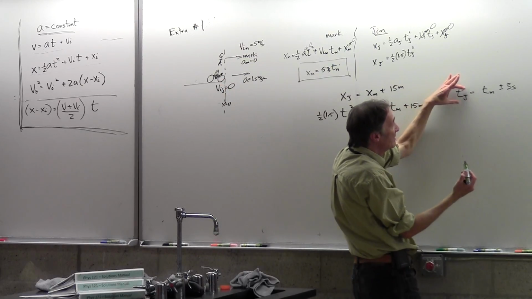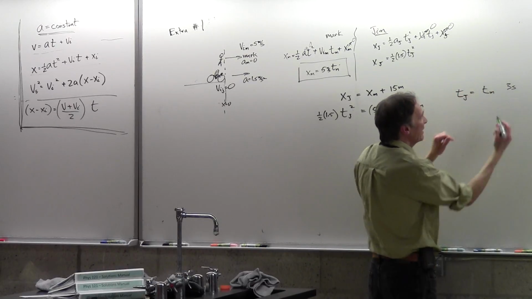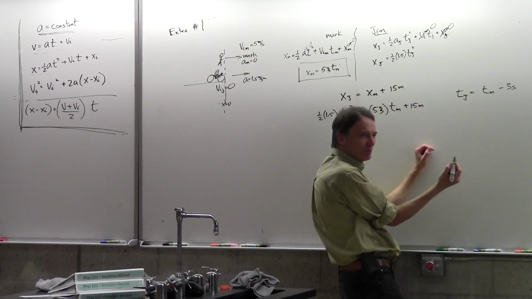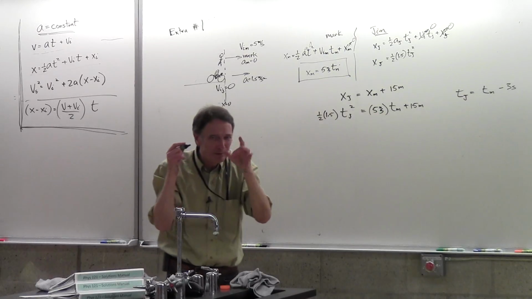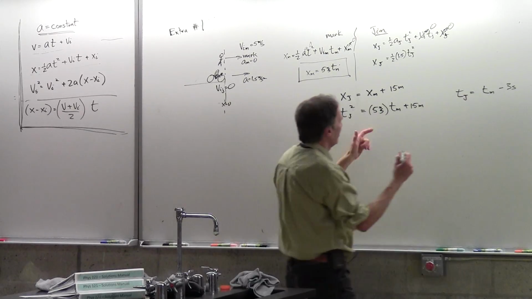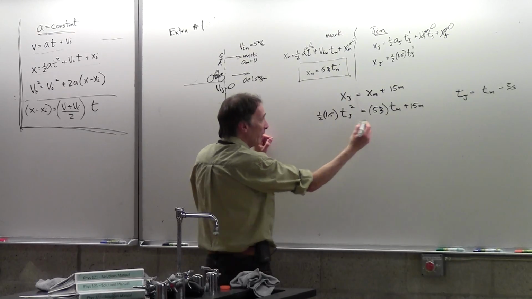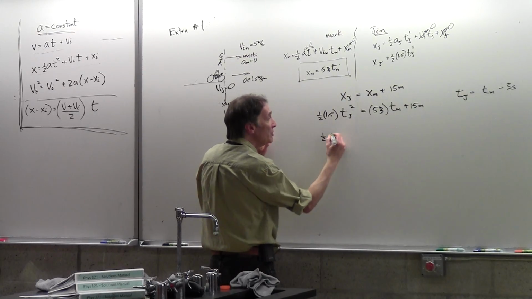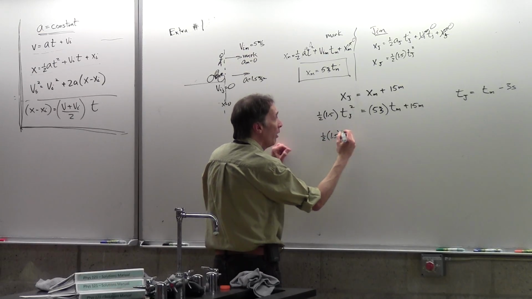That's when t Jim is 0. So I think minus 3 seconds will do. Does that make sense? It's easy to get confused on this, kind of dyslexic with it. My trouble. I can take that, and so I believe we want to put that in for Jim's time, and we want to solve for Mark's time. I think that's what he wants to know.